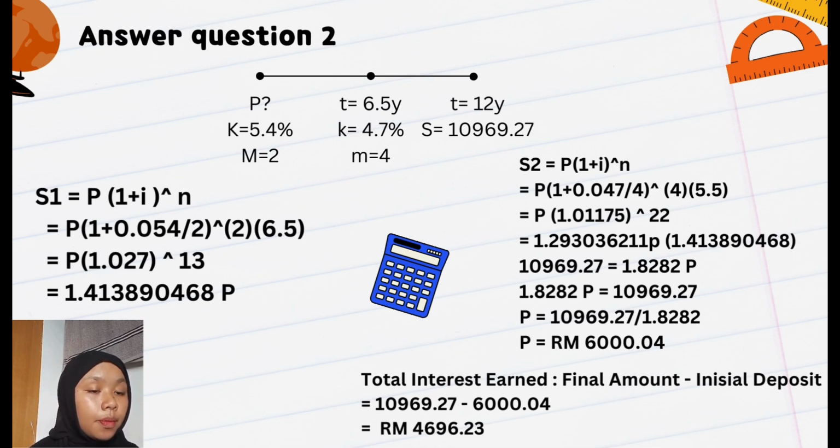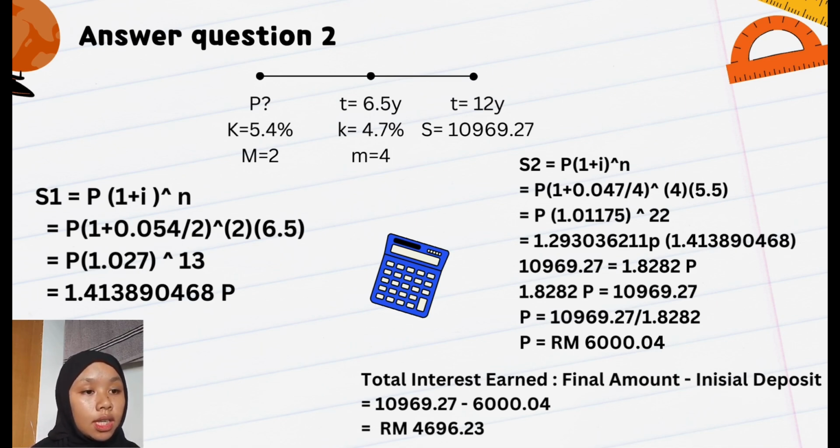So we can get 10,969.27 equals 1.293036211 P, multiplied with 1.41389046 because here we calculate the 12 years, so we take the accumulated amount from the 6.5 years and multiply it with the remaining period.